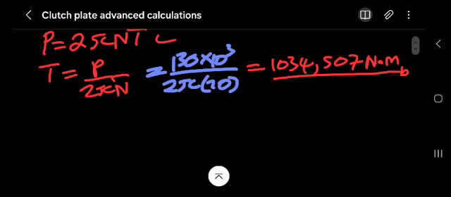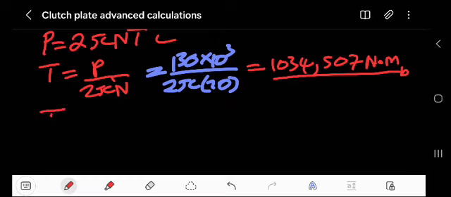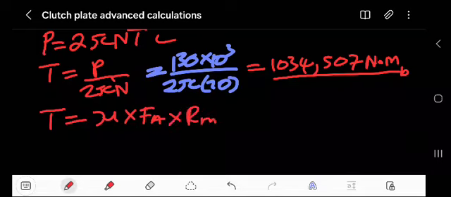Why did I calculate this torque? Because we know that the formula of the torque is equal to the coefficient of friction multiplied by F axial multiplied by R m multiplied by the number of friction surfaces. We know that the radius we will find here.